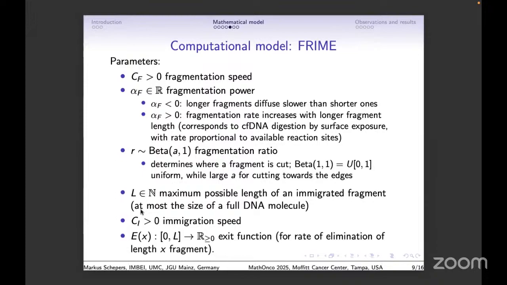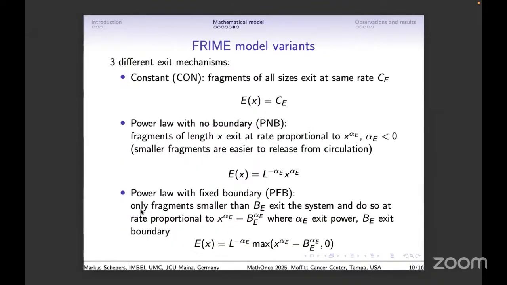And this beta random variable determines the ratio at which the fragment is cut, which could be uniform or rather towards the edges. And for immigration, we assumed that if it occurs, we draw a uniform fragment, but in theory you could vary that to test other distributions of the migrating fragment length. And for the exit mechanism, there are three proposals.